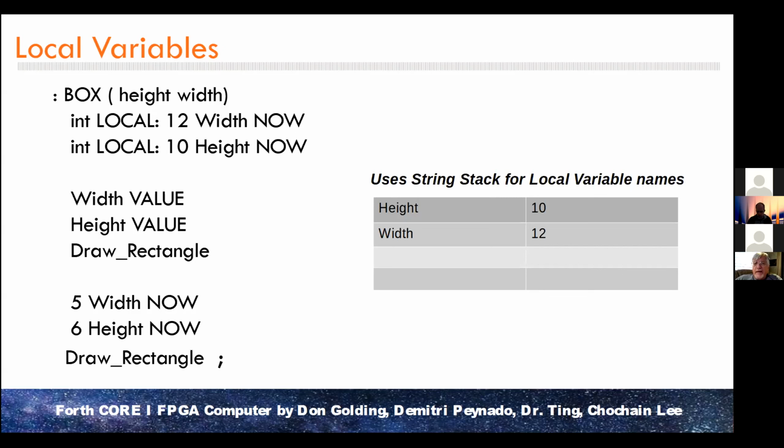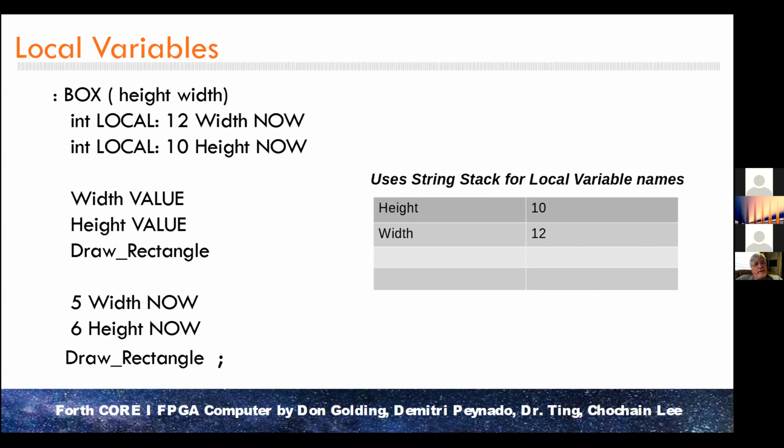I'm thinking of a string stack, or a stack for local variables, that has the string name in it, and then also the number at each level. And then when you run exit at the semicolon, the string stack is cleared. But then you could use width value.